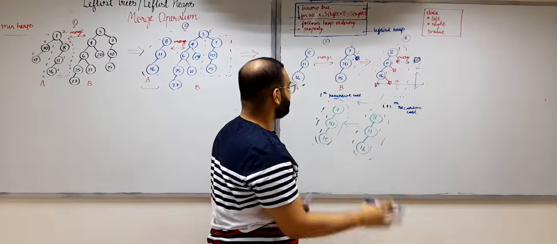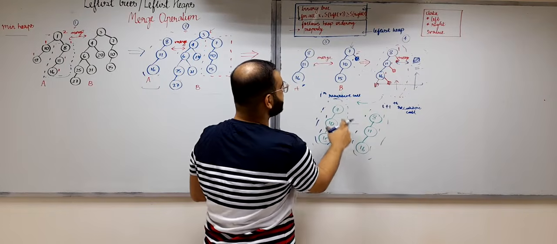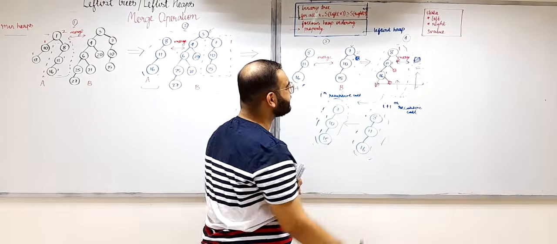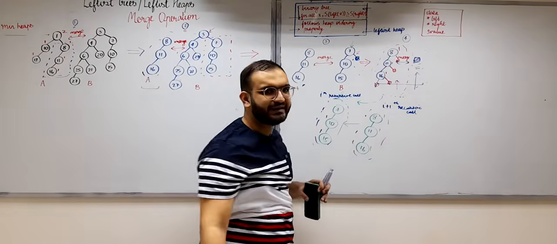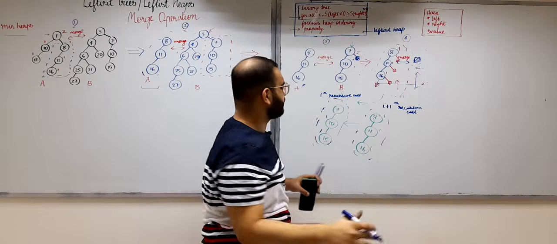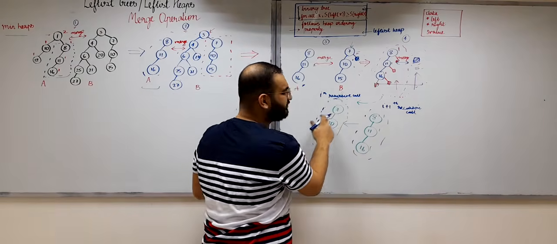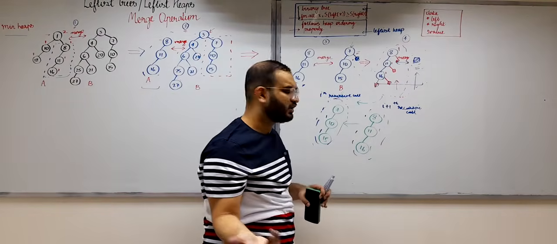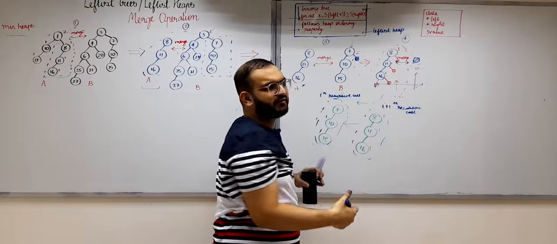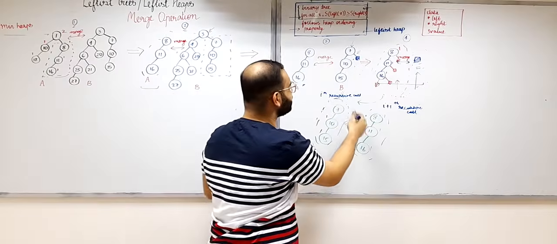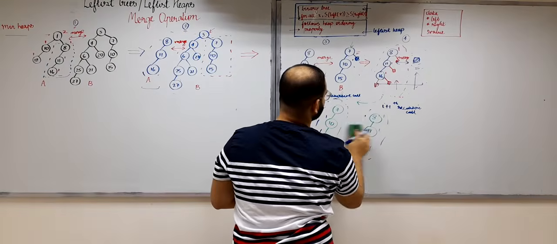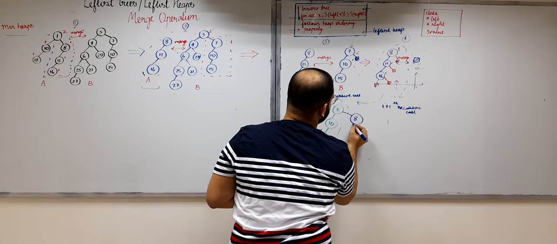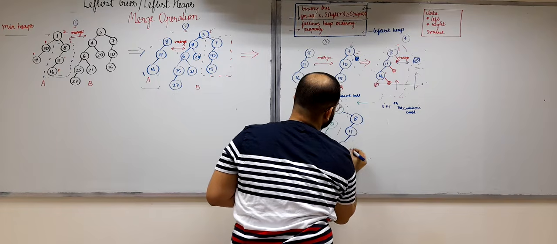As you can see, if we attach this at the right child of 7, this property will not be violated, because the S value of 7's left child will be 1 and the S value of 7's right child will also be 1. It is greater than or equal to, so in this case it is equal, so we can attach the leftist heap that we got from the next recursive call over here, right? Why?